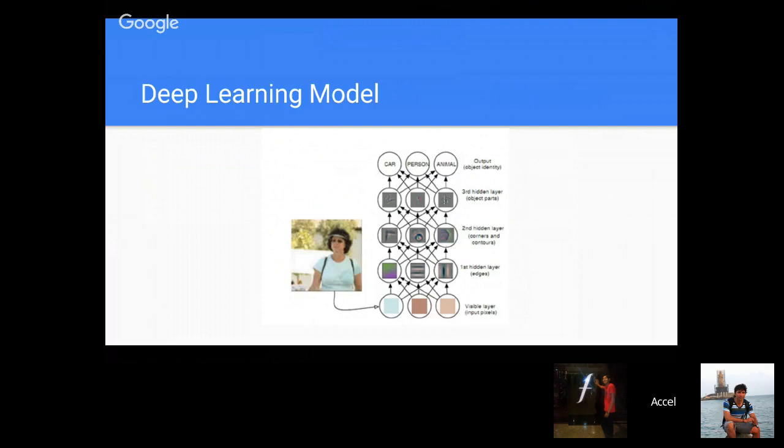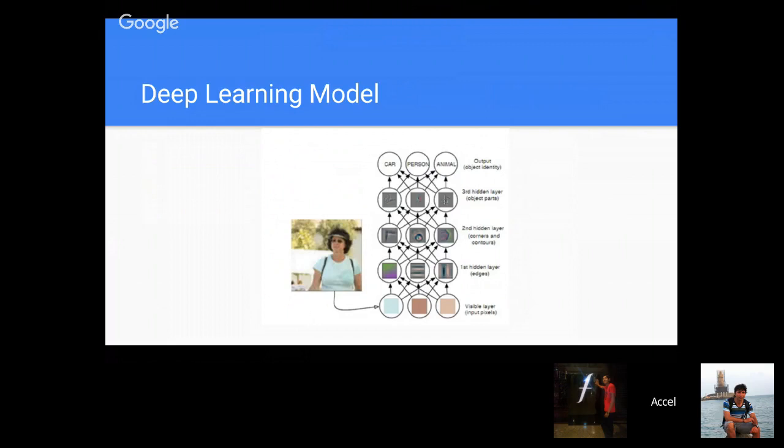Here it will start breaking down the image into different pieces. The first layer, for example, will identify edges. If you're looking at a human face, around the eyes would be one edge. It's not really drawing a box, but there's a representation of the features that we look for normally when we're identifying a face.